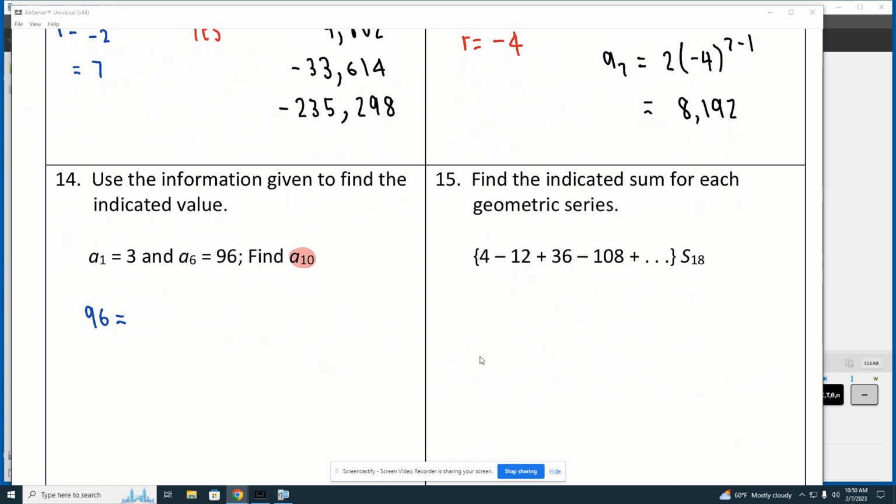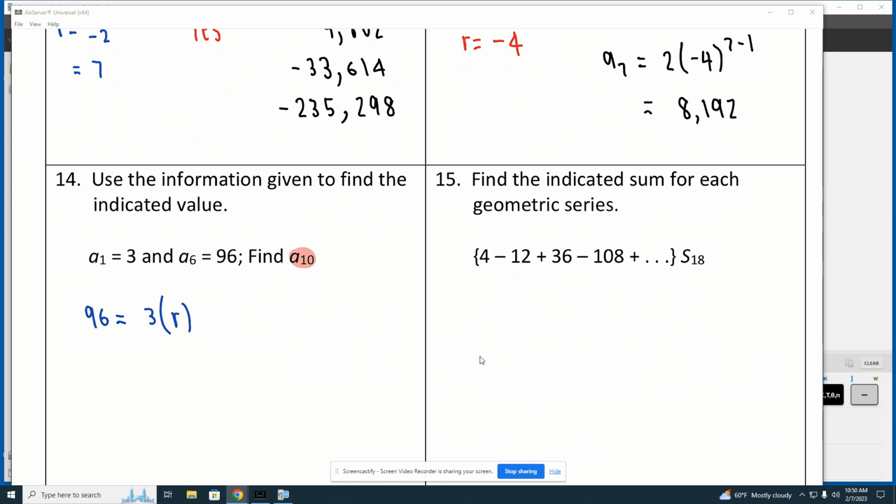A sub 1, do we know it? 3, times the common ratio, don't know it, raised to what power? N minus 1. Guys, a sub n was replaced with what? A sub 6.